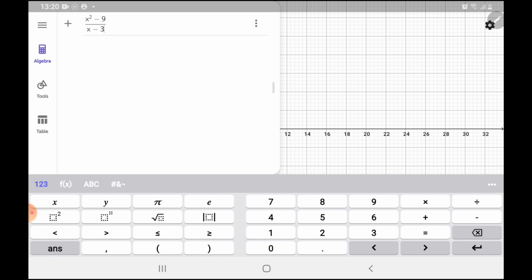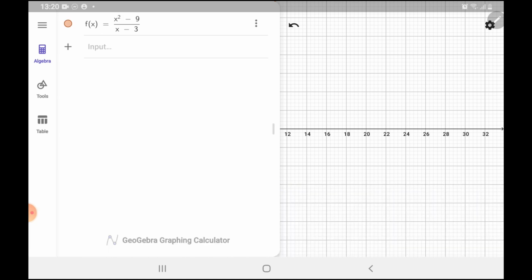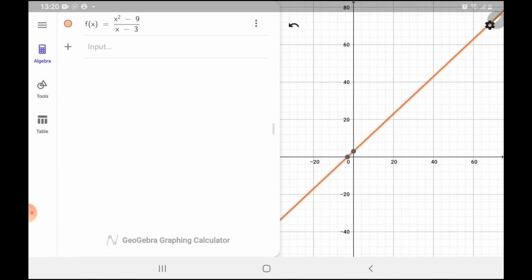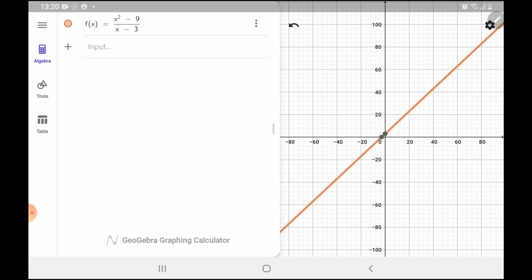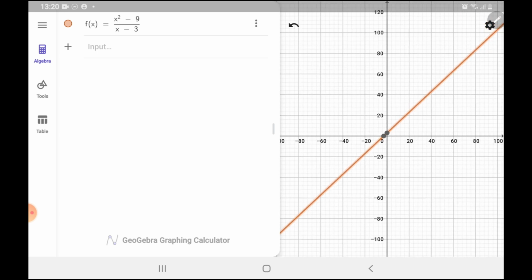Probably by graphing this function, we will have a graph which is this one. Okay, so this will be our graph. This is a linear graph, because basically we can manipulate this equation into a linear graph. We'll have an x plus 3 equation.